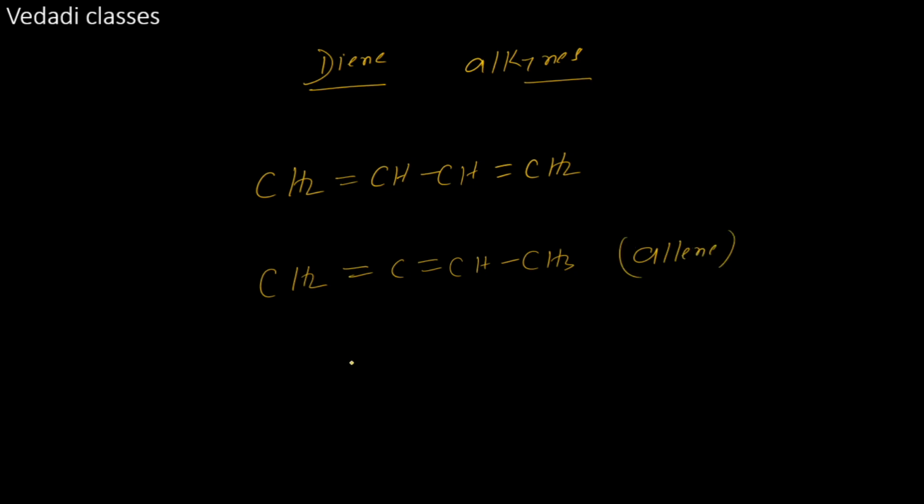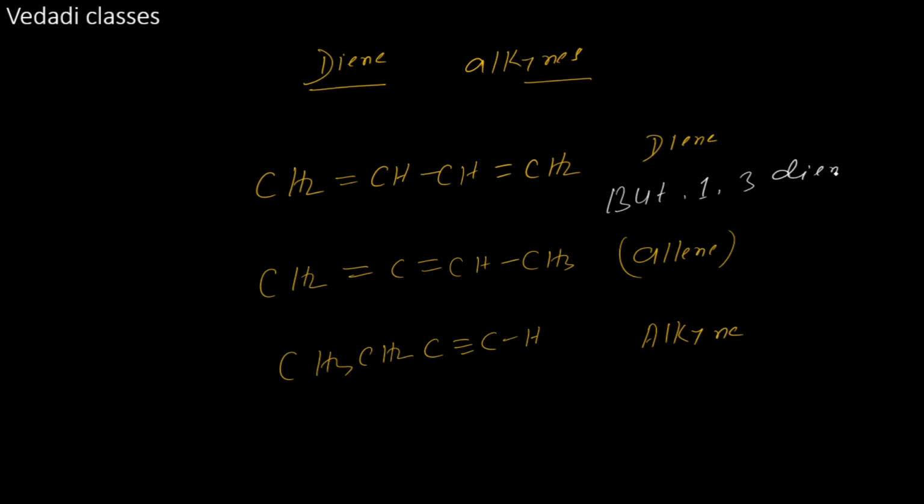And if the triple bond is over here, like we can give CH3 CH2 C triple bond CH. So have a look. This is the alkyne, this is the diene, this is the allene, and this is the alkyne having triple bond. If you want to give the IUPAC name: 1, 2, 3, 4, so this is but-1,3-diene. In this case, this is but-1,2-diene.